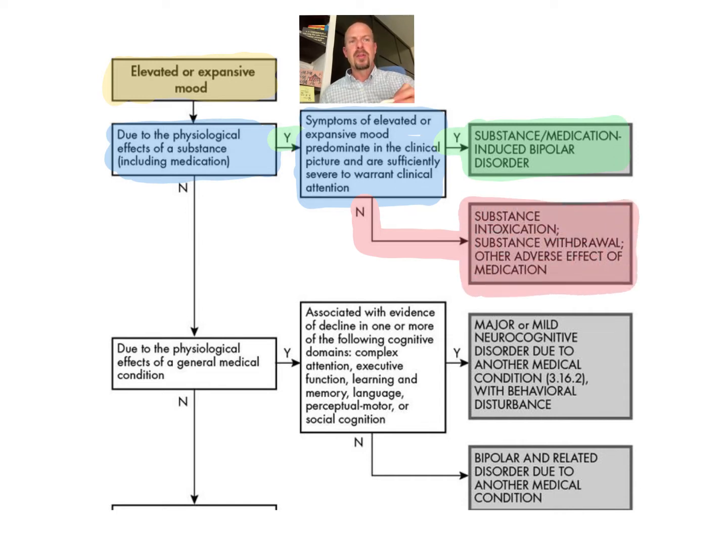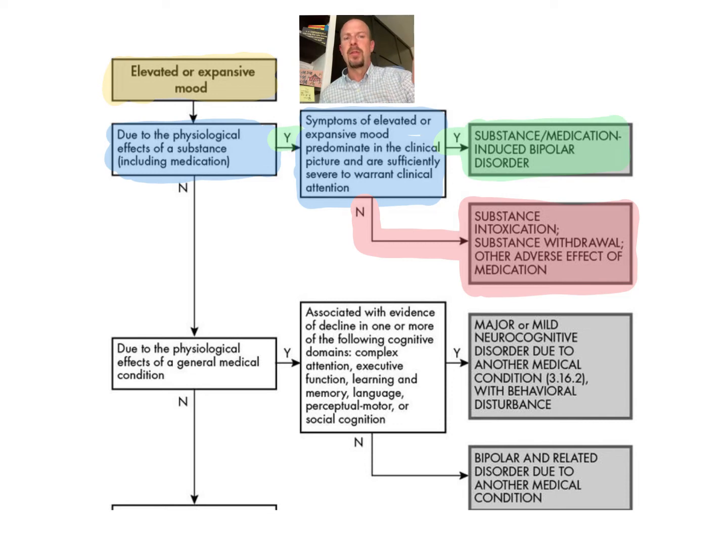Their behaviors change, and they're maybe showing signs of some sort of elevated mood, but it's not the predominant issue. It's not sufficient to warrant clinical attention. There's just been some sort of change in them because of a substance. Usually that would be a substance intoxication or a substance withdrawal with adverse effects. So let's move on down here.